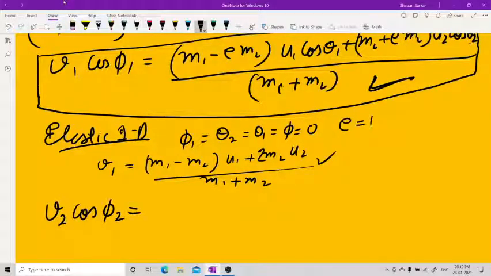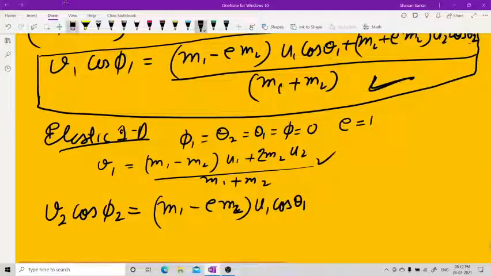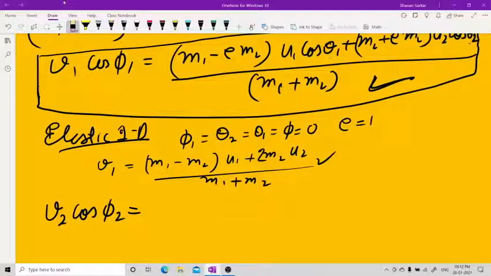Now this will be equal to m1 minus e m2 u1 cos theta 1 plus, sorry, there is a mistake. I made a mistake here. Yes, we will rewrite.